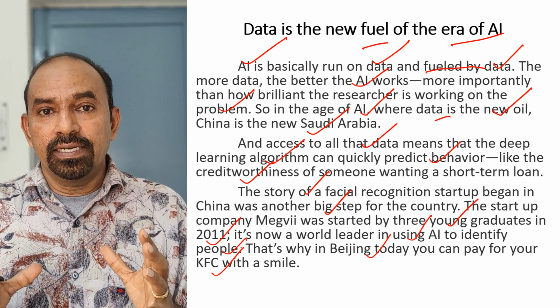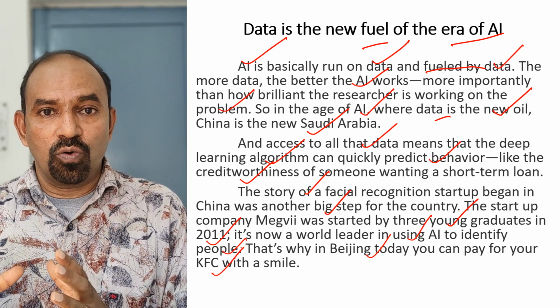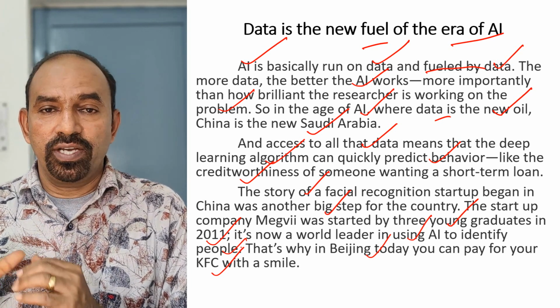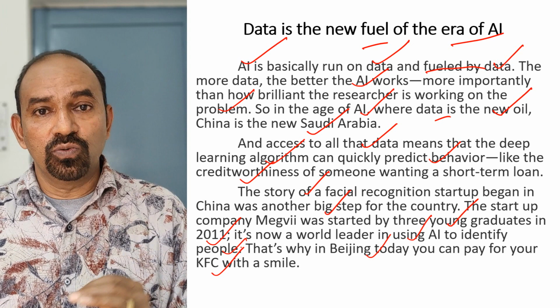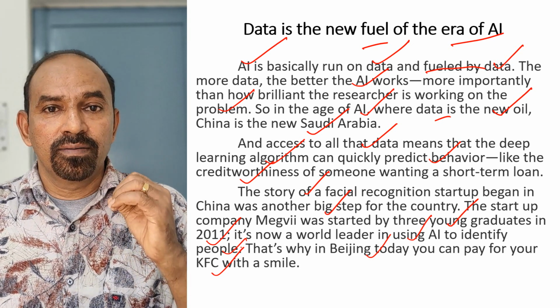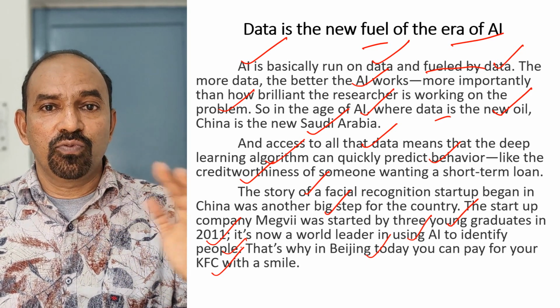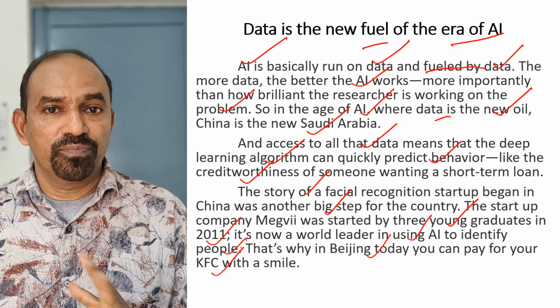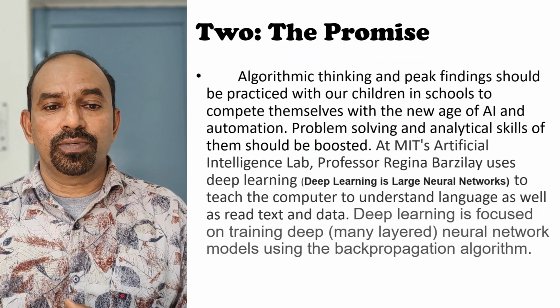That is the development in facial recognition technology that happened in China. You need not carry any credit cards with you. You just go in front of the shop and give a smile. Your money will be debited for the thing you bought from there. That much development happened. Go to the next page.